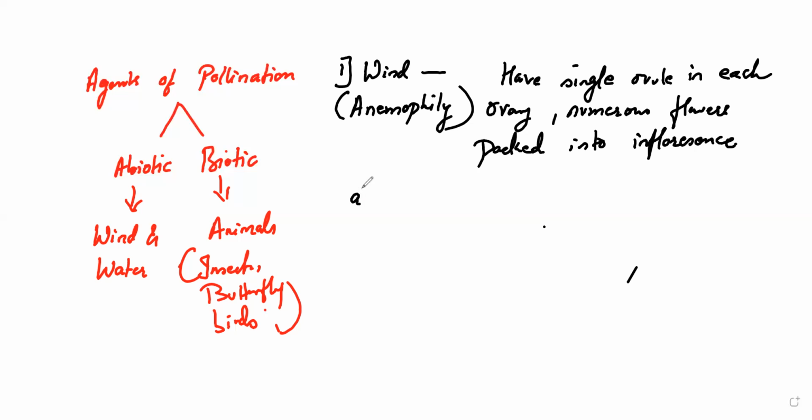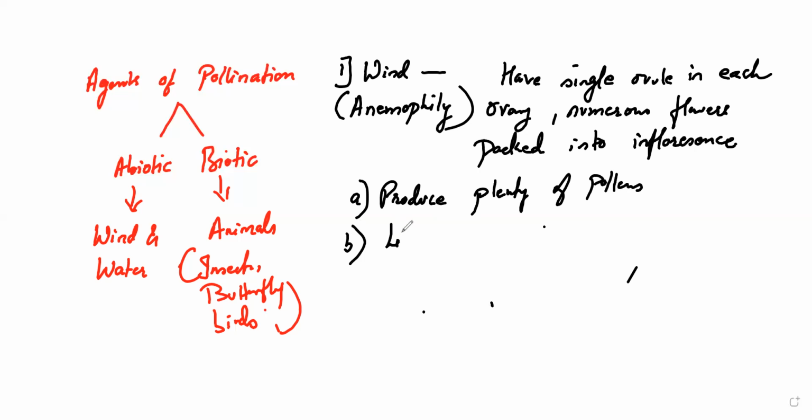Like for example, these kinds of flowers should produce what? Plenty of pollen. Okay, so they produce plenty of pollen. Second is what? See, they have to get carried away by wind, right? So they should be what? Light and non-sticky.